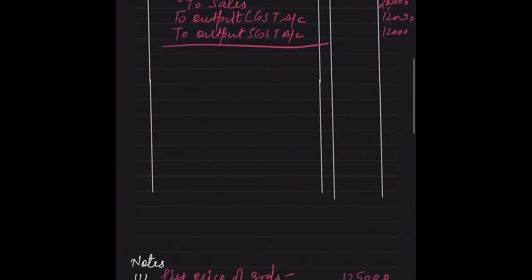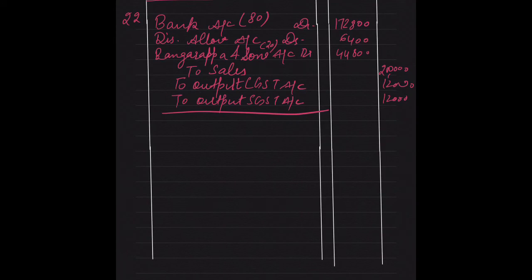The last entry is payment made of the balance amount of GST. That means this entry is related to the settlement. The date is 31. In settlement, we know that output will be debited and input will be credited, and the balance amount is paid to the government by bank.